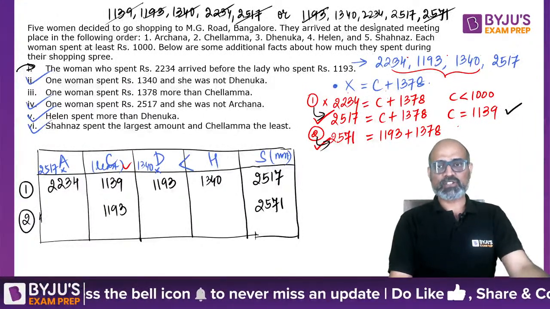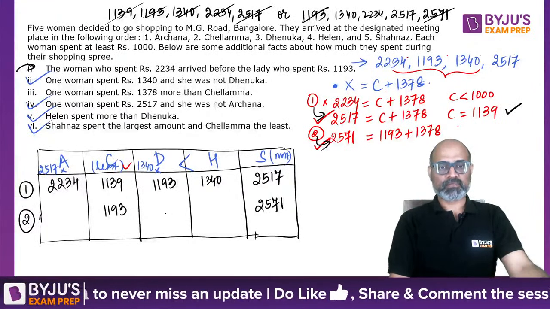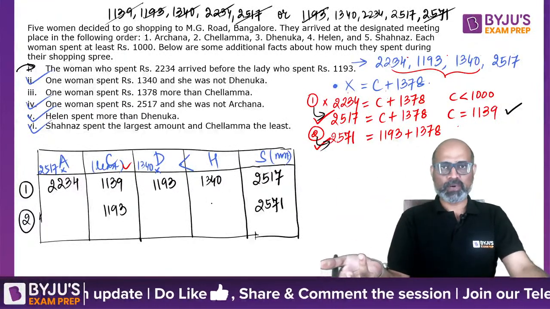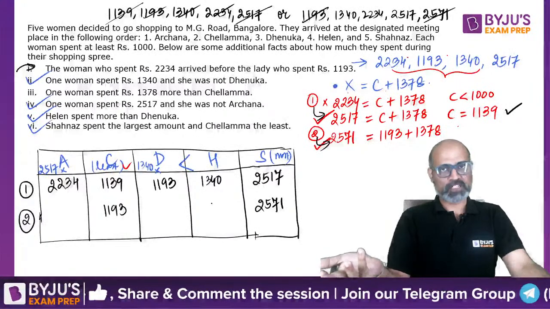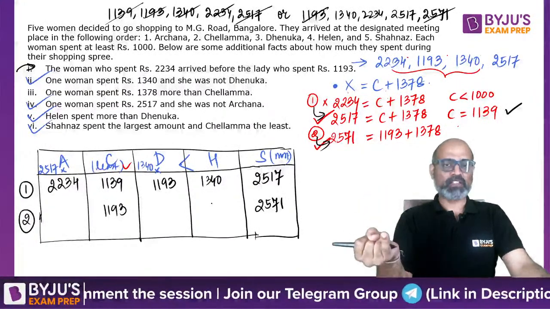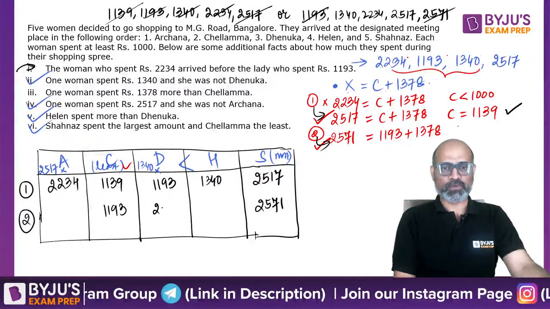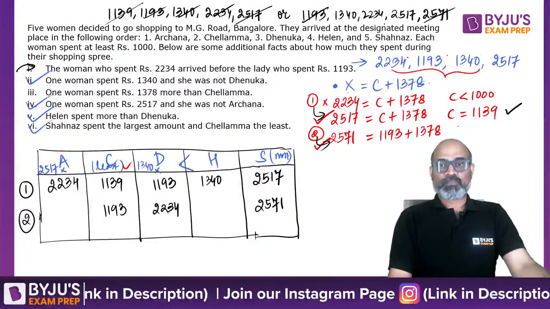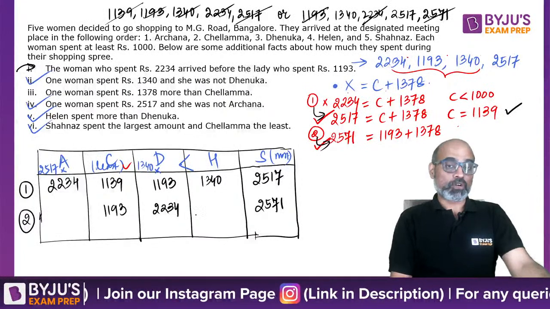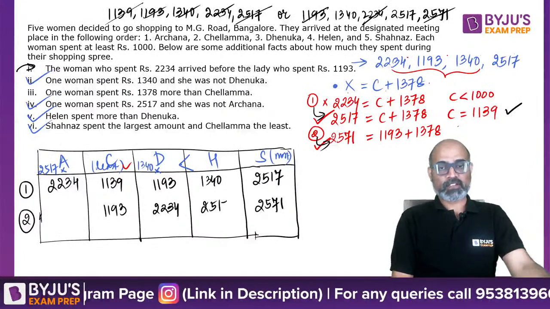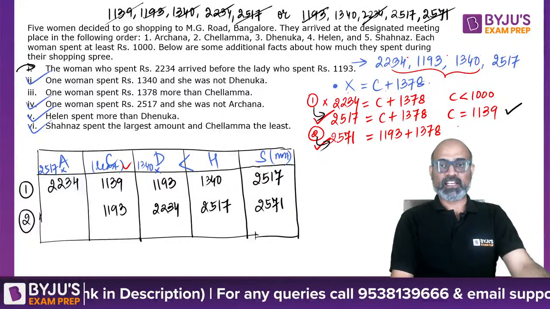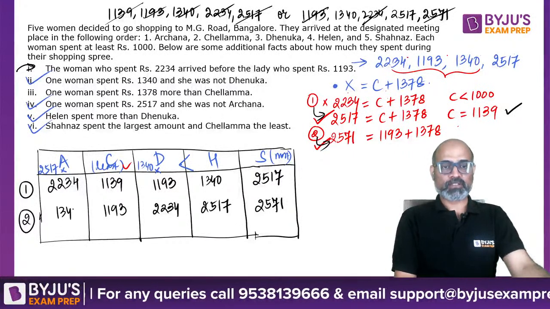Suppose D is 2517, then there will be nothing left for H which is more than 2517. So D can't be 1340, D can't be 2517. So the only value D can take is 2234. Now the only value remaining which is more than 2234 is 2517. And the leftover number 1340 comes here.